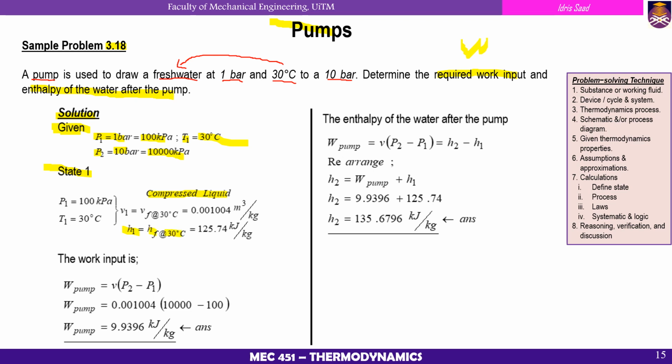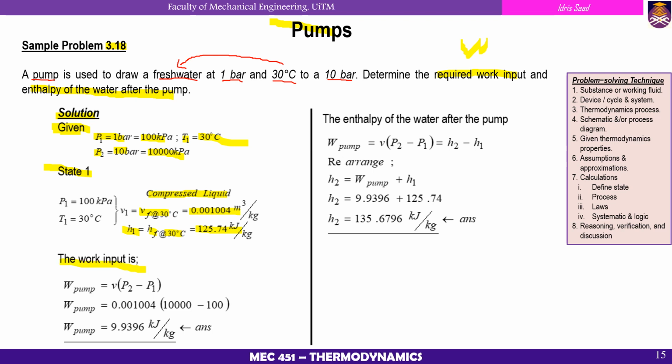Please remember, when it is a compressed liquid, we use the approximation method at a given temperature, not at a given pressure. So we get H1 is equal to 125.74, and V1 is equal to 0.001004. Similarly, V1 is approximately Vf at 30 degrees Celsius.